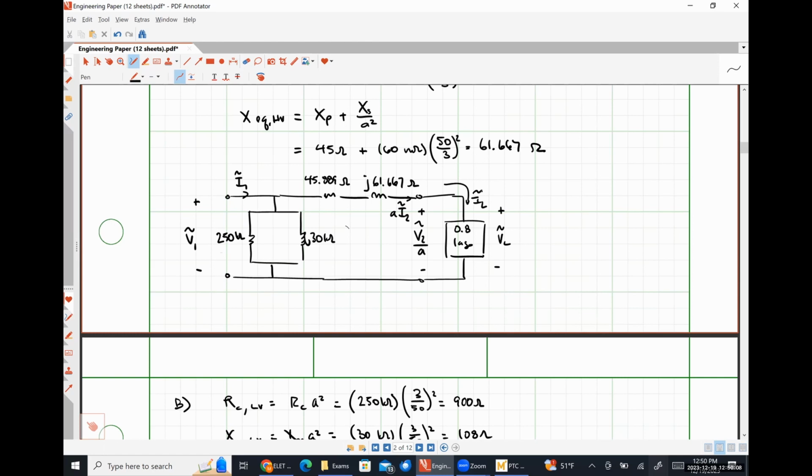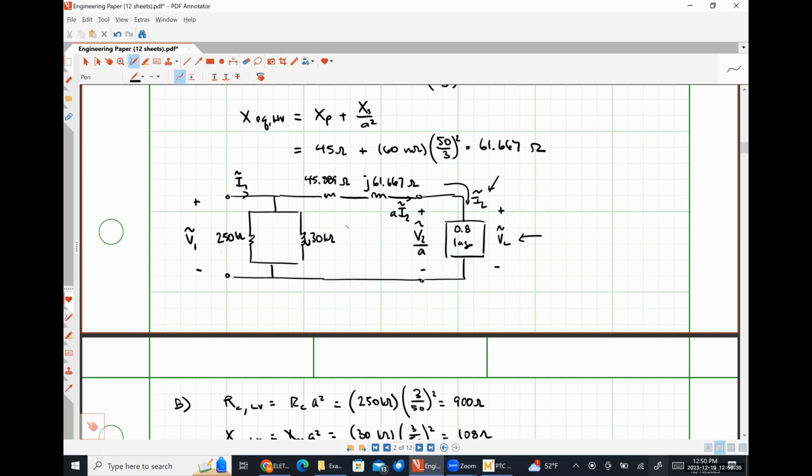Which of those two things do we know? We know the voltage drop. So the voltage drop on the secondary side was 480, right?